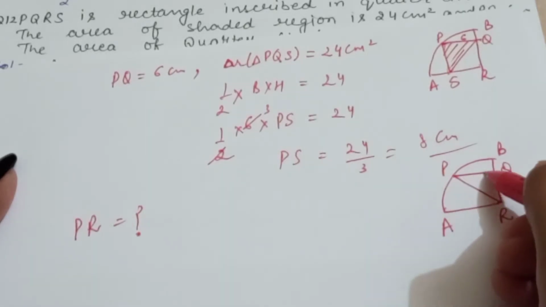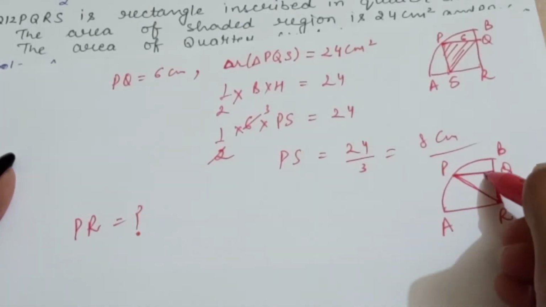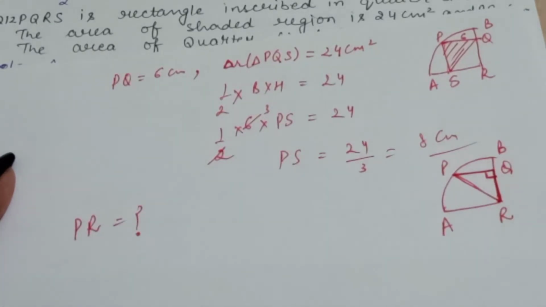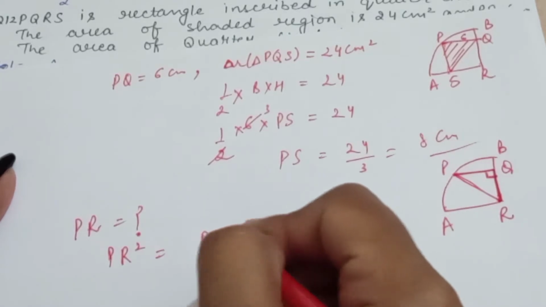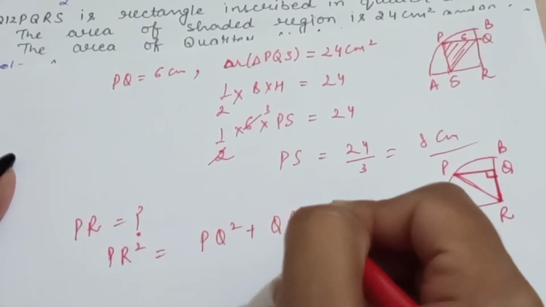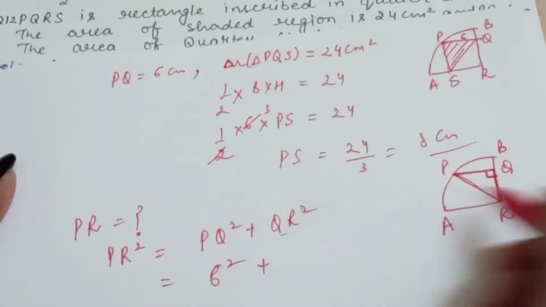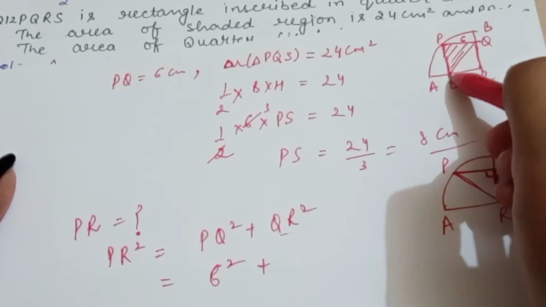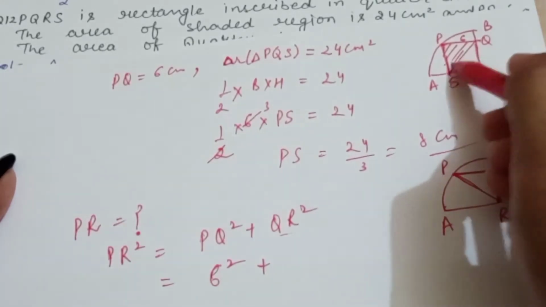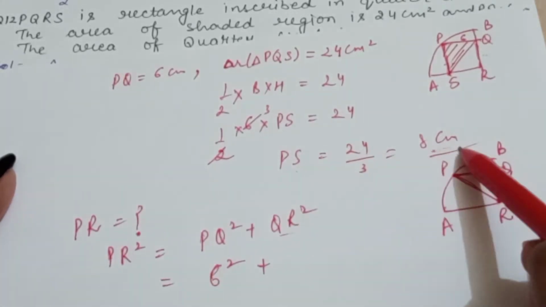We will use this right angle triangle, and we will apply Pythagoras theorem here. As we know, PR square is equal to PQ square plus QR square. PQ is 6 centimeter, and as we know that QR is equal to PS, because opposite sides of rectangle are always equal, and PS is equal to 8 centimeter.